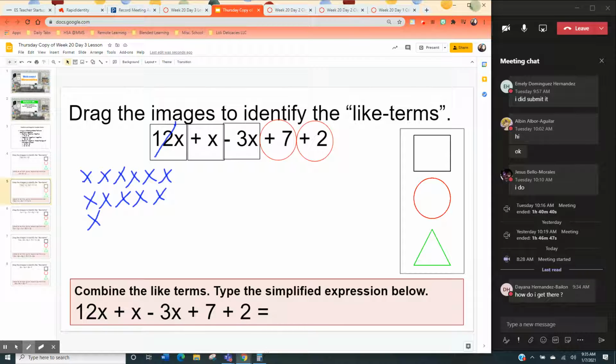So I did this one, plus x, I'm going to add one more x. Now minus 3. That means I'm going to take away 3. So 1, 2, 3. And I'm left with 1, 2, 3, 4, 5, 6, 7, 8, 9, 10. I'm left with 10x.